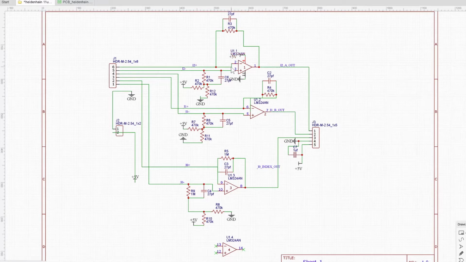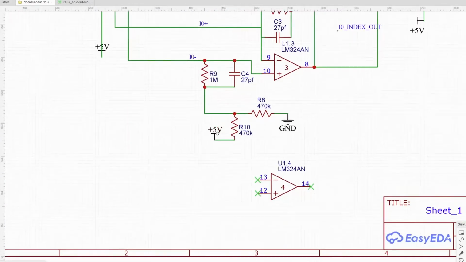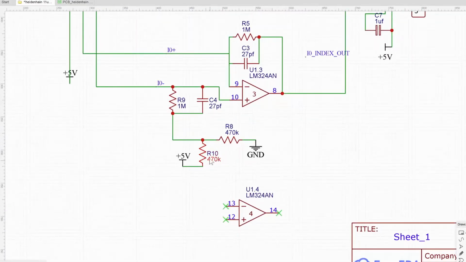That means it can deal with four separate pairs of signals, and the way that these show up is as 4 separate op amps with the same name. So the part I'm using is an LM324AN, and I've kind of pulled this part apart so that I can explain it in a bit of detail.